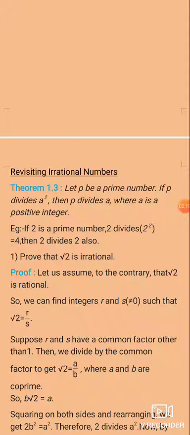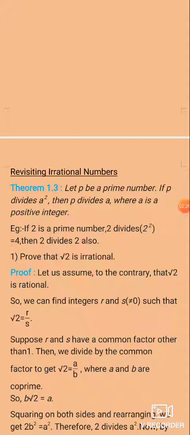Then 2 divides 2 also, or when you divide 2 by 2, the remainder we get is 0 itself. So divides means when we divide one number by another number, if we get the remainder as 0, that is divisible.